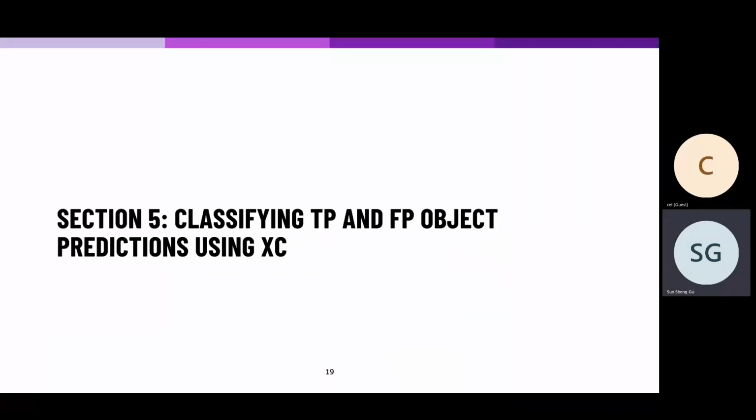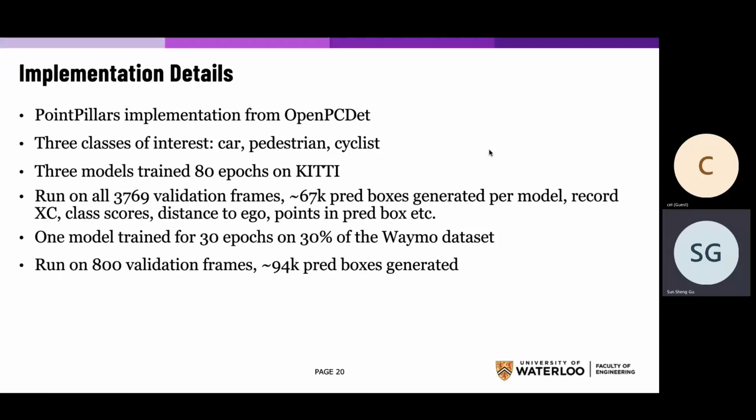Okay, so with the XC metrics explained, we can now move on to the experiments on using XC to classify true positive and false positive object predictions. Here are some implementation details. The most important thing is we have experiments on two different data sets. One is the KITTI data set, the other one is the Waymo data set.